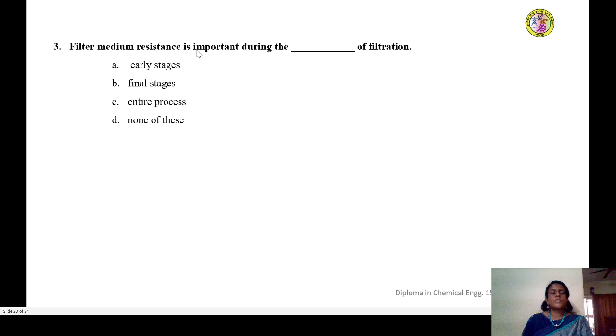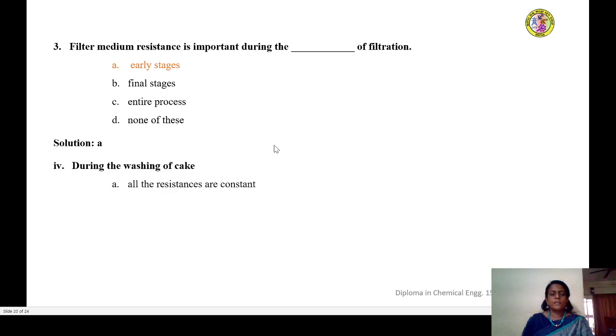As this filtration proceeds, the cake that is getting deposited offers greater resistance to the flow of filtrate compared to the filter medium. That is due to the increase in the thickness of the cake as the time progresses. So only in the early stages, the filter medium resistance plays an important role. So for this question, the answer is option A.